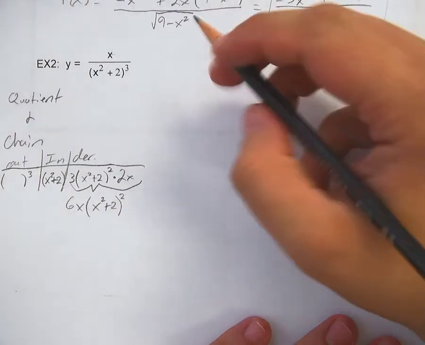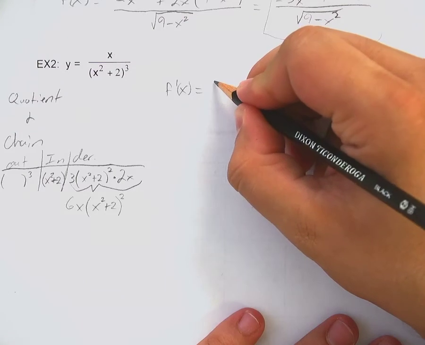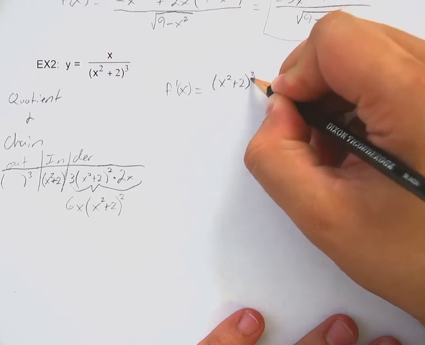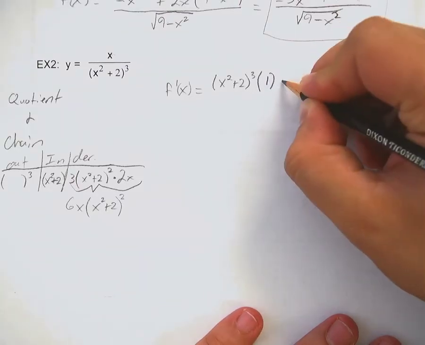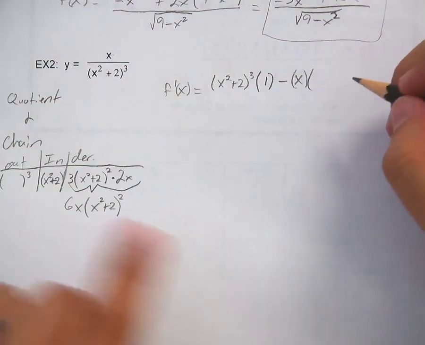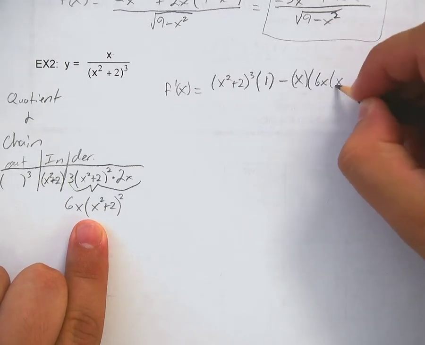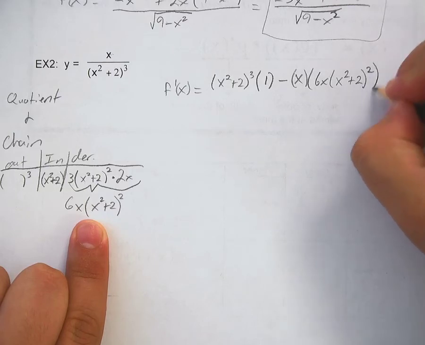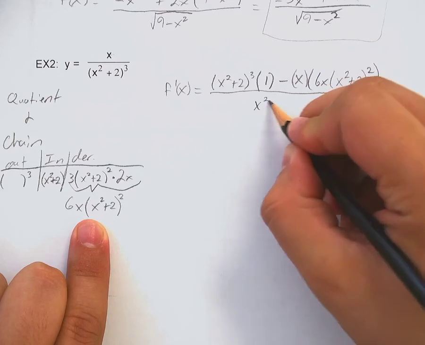Okay? f prime of x is bottom, x squared plus 2 cubed, times the derivative of the top, which is 1, minus the top times the derivative of the bottom. That's this guy down here, 6x times x squared plus 2 squared, all over bottom squared.